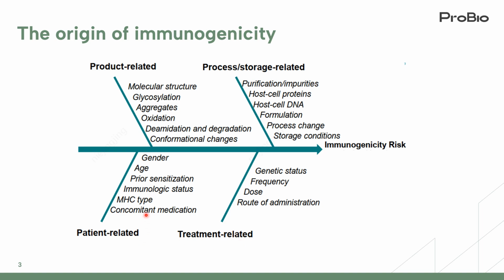Later on in the clinical stage, patient-derived factors such as gender, age, pre-existing medical condition, and the therapeutic regimen, including dose, frequencies, and administration route, are the primary source of immunogenicity.